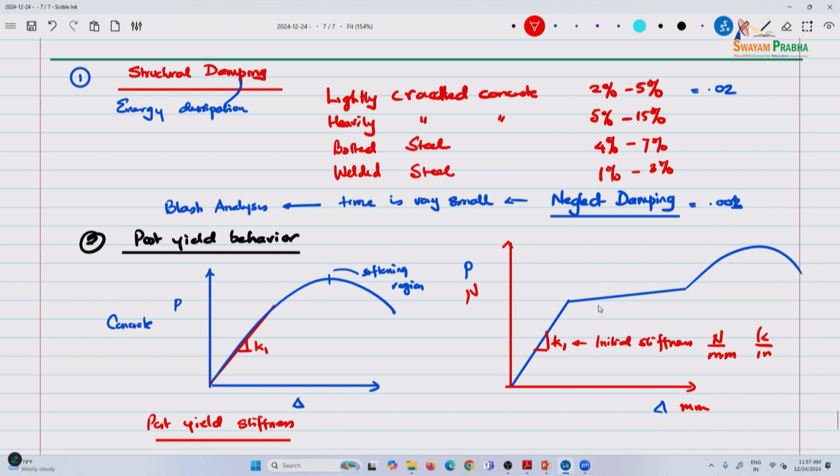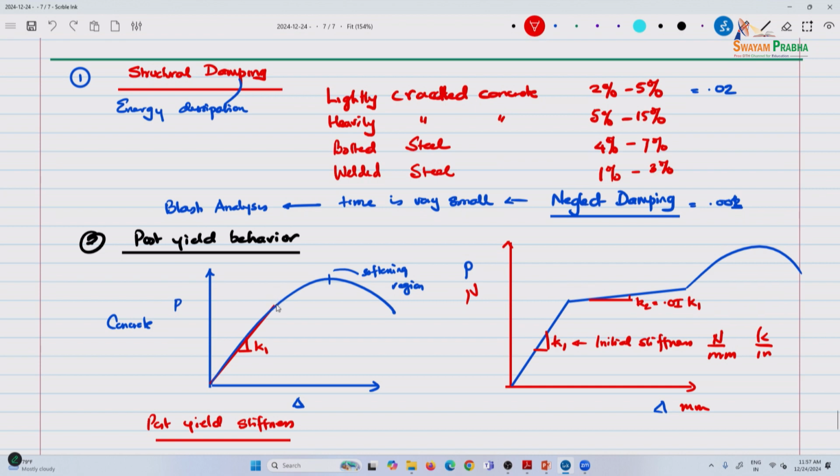So that the programs don't crash, you can take some K2 value here. For steel, for example, if you consider 0.05 or 0.01 K1, again you can try to see if it makes a difference if I go between 0.01 and 0.1. It's up to you. There is no real guideline in incorporating some of that in the modeling.